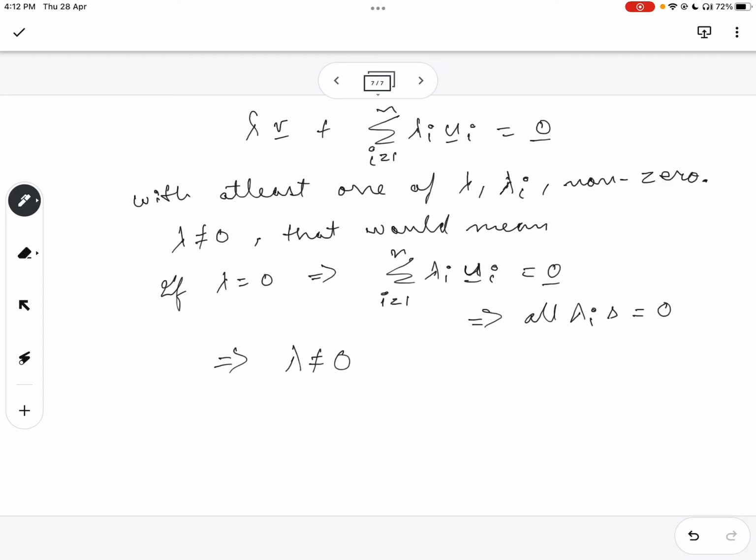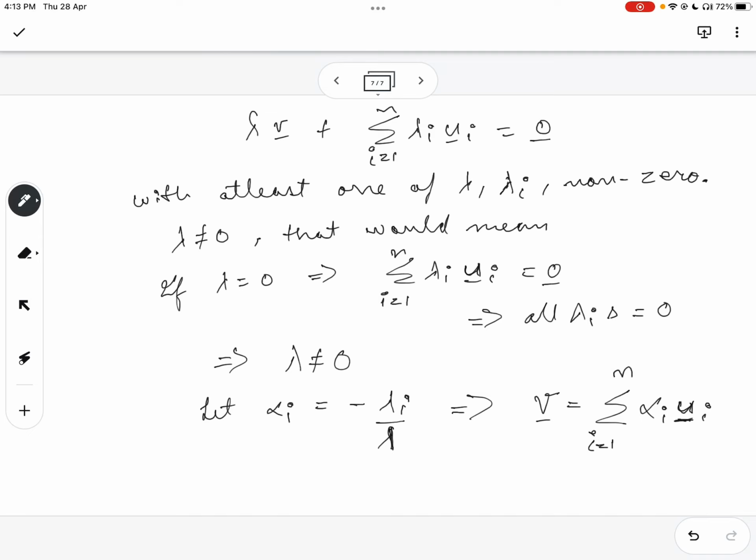Then let alpha i be equal to minus lambda i by lambda, which implies that v is equal to sigma alpha i ui, which proves our initial statement that any vector v belonging to Vn can be written as a linear combination of the basis vectors ui.